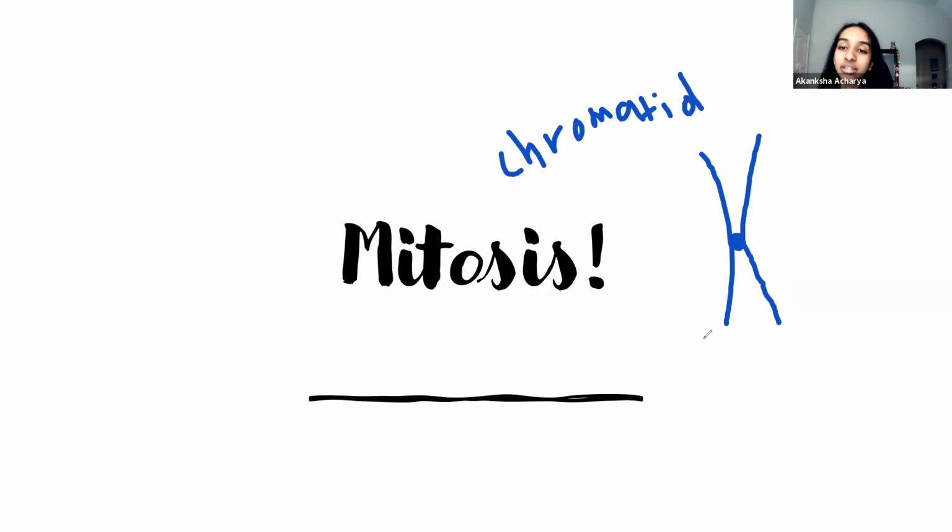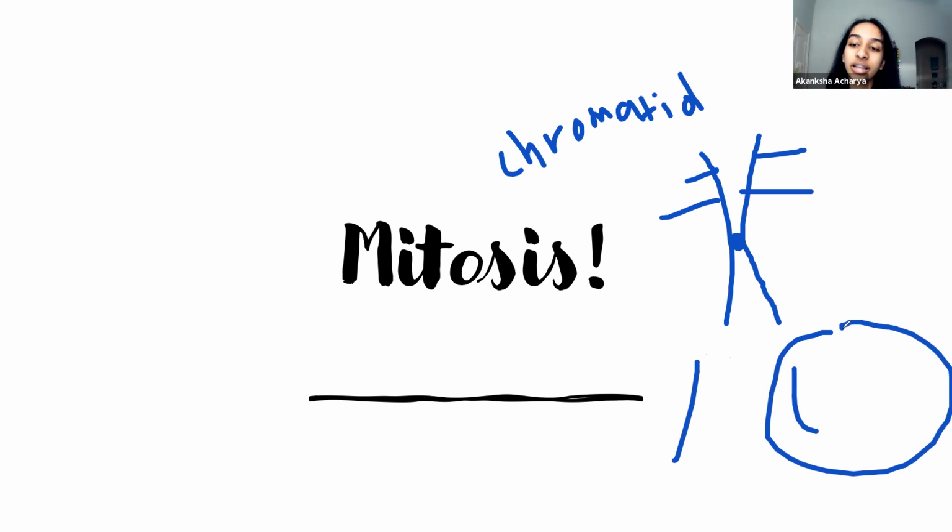And during mitosis, these chromatids are basically the exact same. This codes for protein 1, this codes for protein 1, this codes for protein 2, this codes for protein 2. So they do the same thing. And what happens in mitosis is this will divide into these two sections.